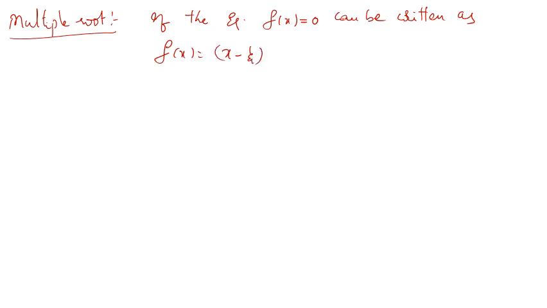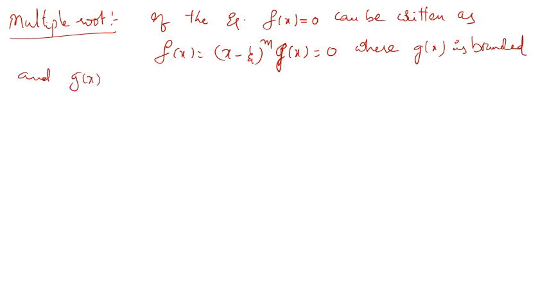Multiple root definition: if the equation f of x equal to 0 can be written as f of x equal to x minus xi whole to the power of m into some function g of x, where g of x is a bounded function and g of x is not equal to 0 at xi.